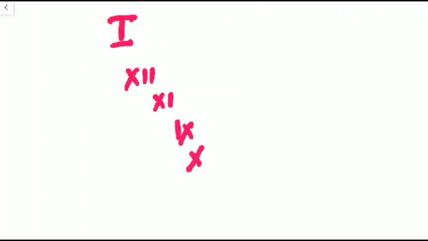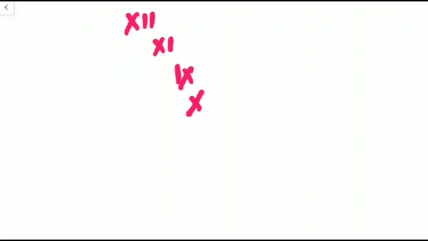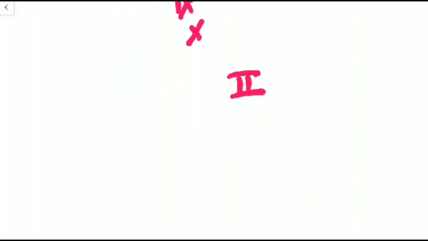So you should remember the intrinsic pathway, which consists of 12, then 11, then 9, then 10, then the common pathway, that is 2 thrombin, and then fibrinogen to fibrin.